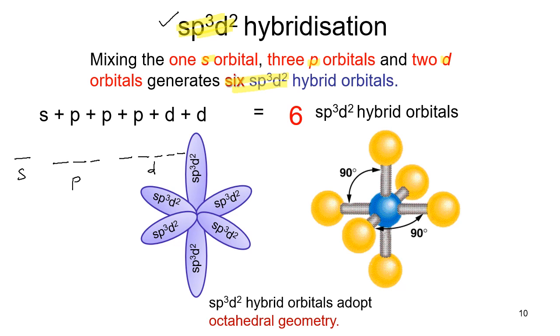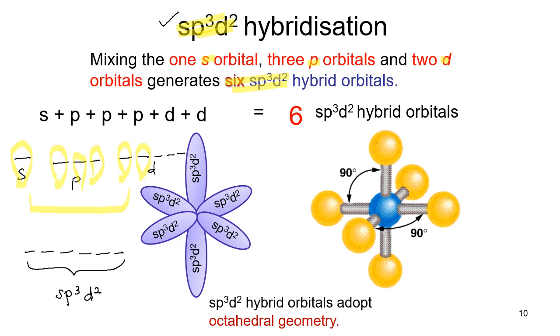So if you want to form this sp3d2, it means you have to combine all of them: S, P, P, P, D, and another D. Therefore, you will form a new set of hybrid orbitals, and there are 6 of them. 1, 2, 3, 4, 5, 6. Okay, so all of them are sp3d2 hybrid orbitals.